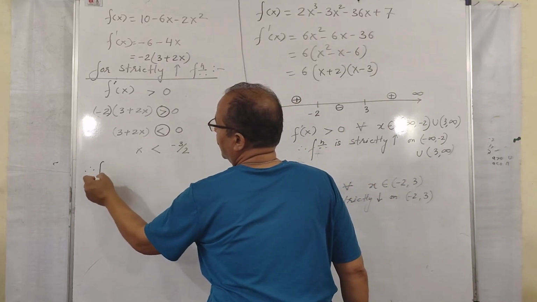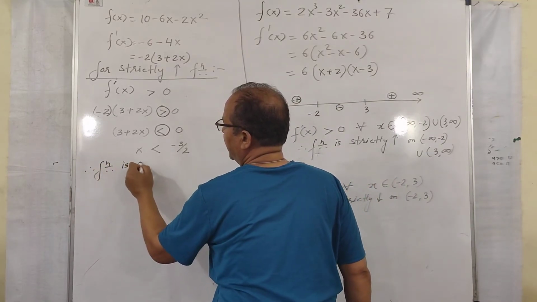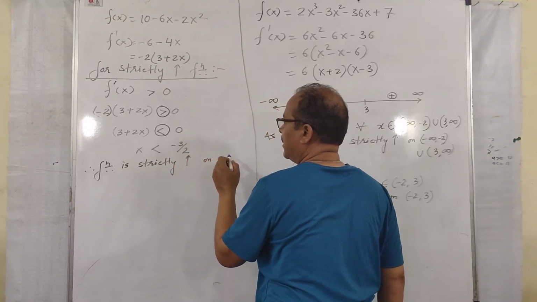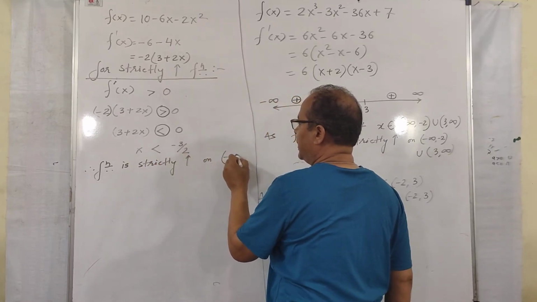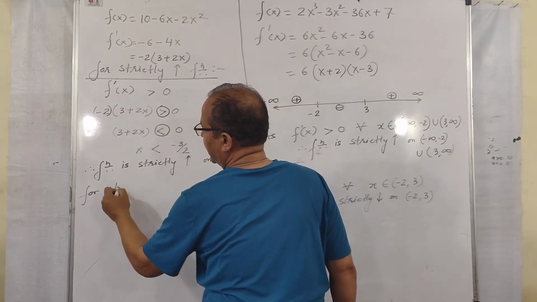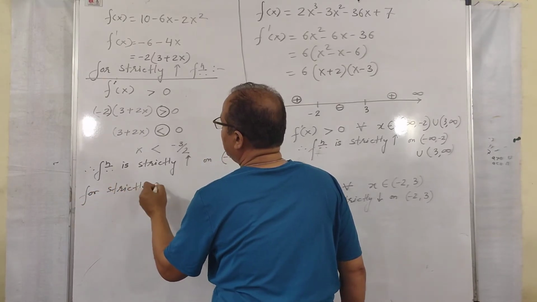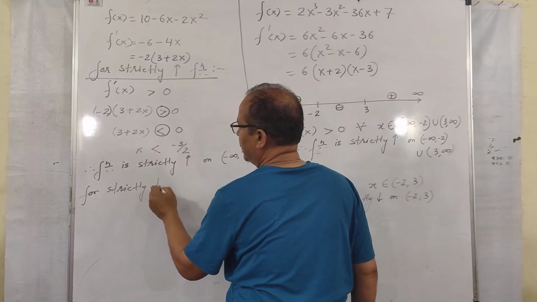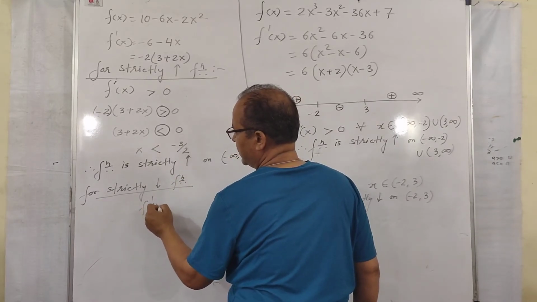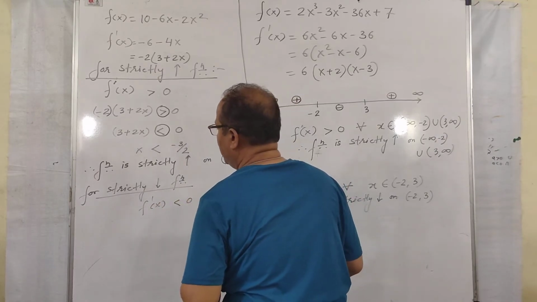Therefore function is strictly increasing on x less than minus 3 by 2, that is minus infinity to minus 3 by 2, and for strictly decreasing function, f dash x, same procedure you will be following.